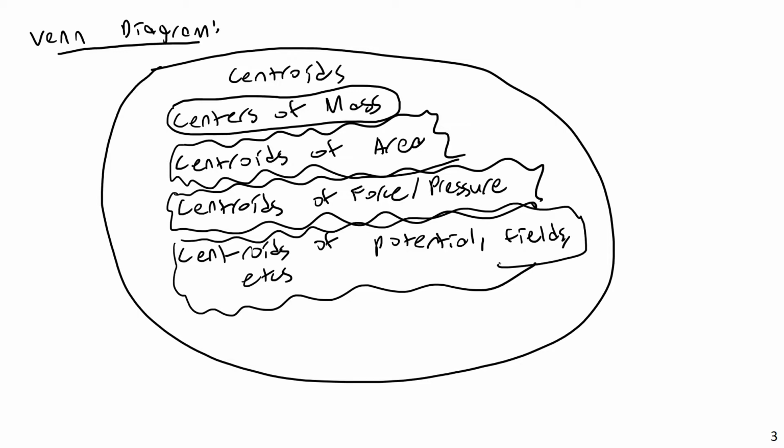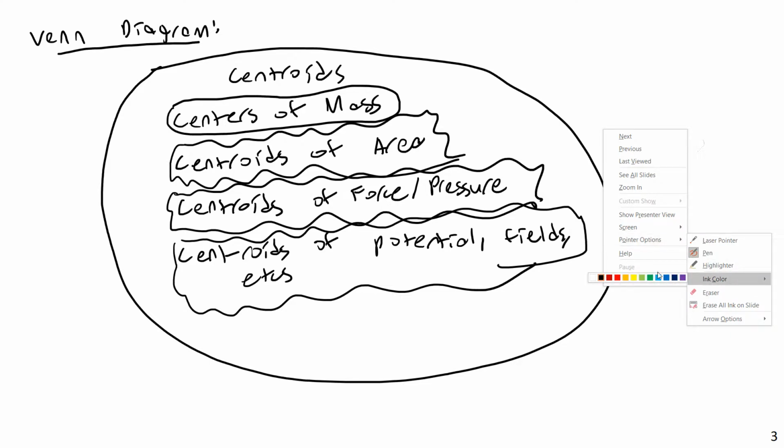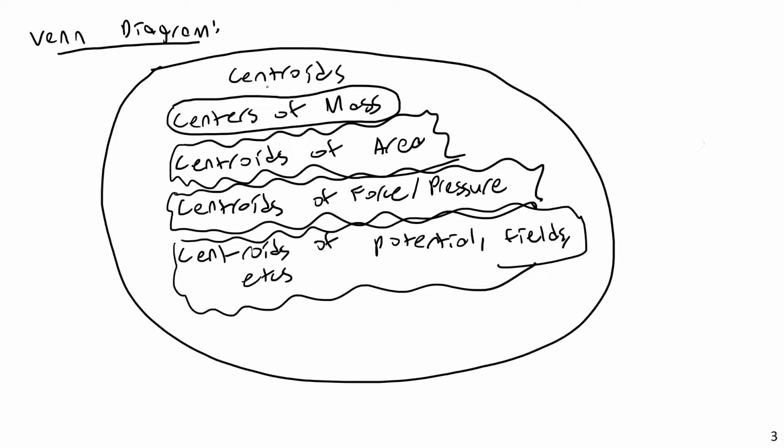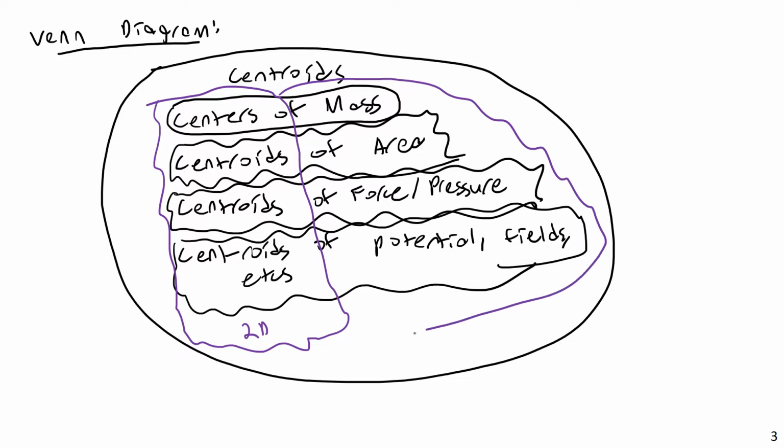And all of these things would be applicable in either 2 dimensions or 3 dimensions. Although, truth be told, in this class, we're going to focus mainly on the 2D applications. So maybe I could do something like this. Within each of these are 2D examples and then 3D examples, 3-dimensional.